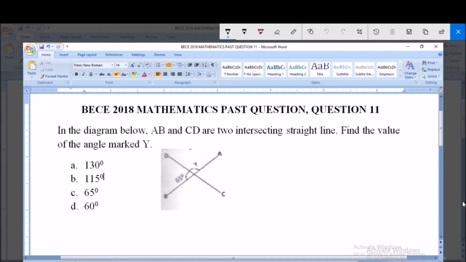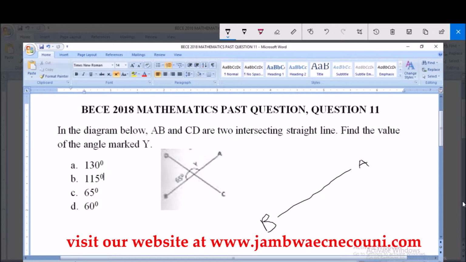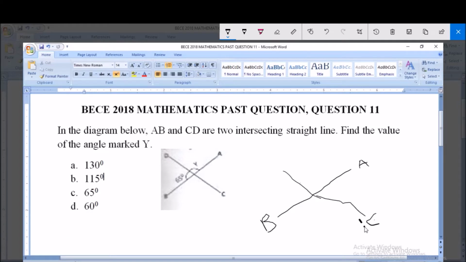To find it, we have a line like this, the line AB, and another one intersecting it, which we call line CD. Now we have to find angle Y, and the angle here is 65 degrees.